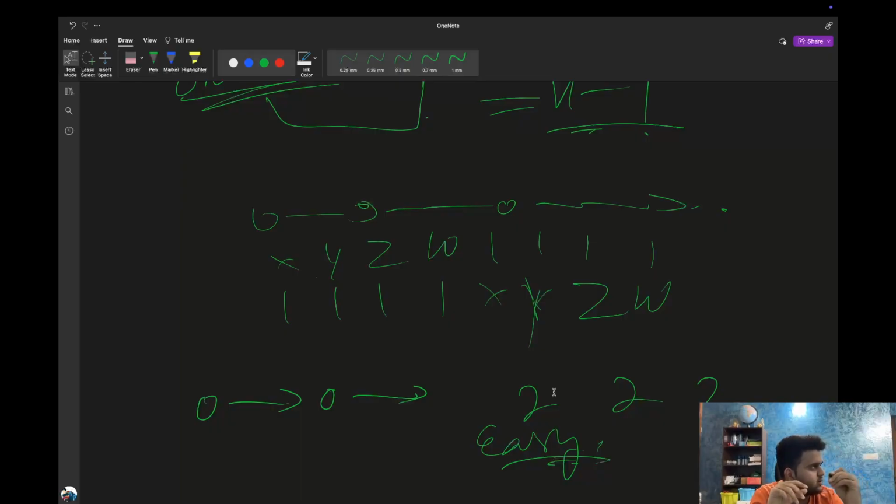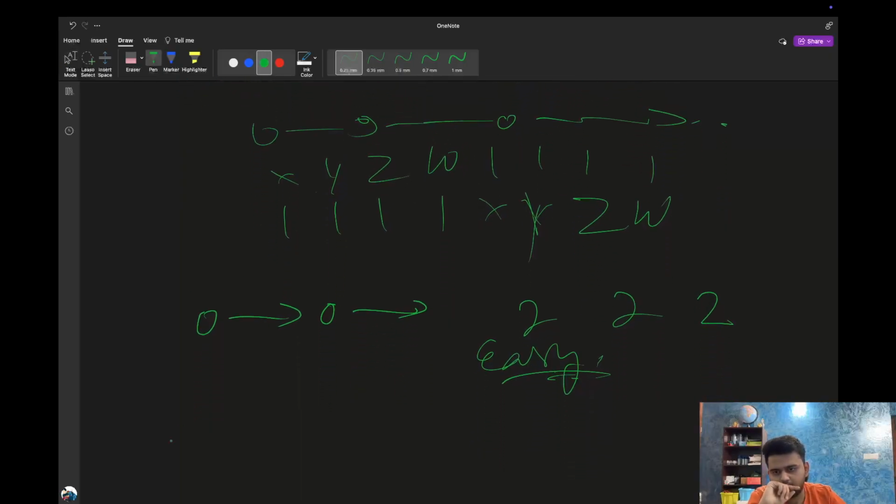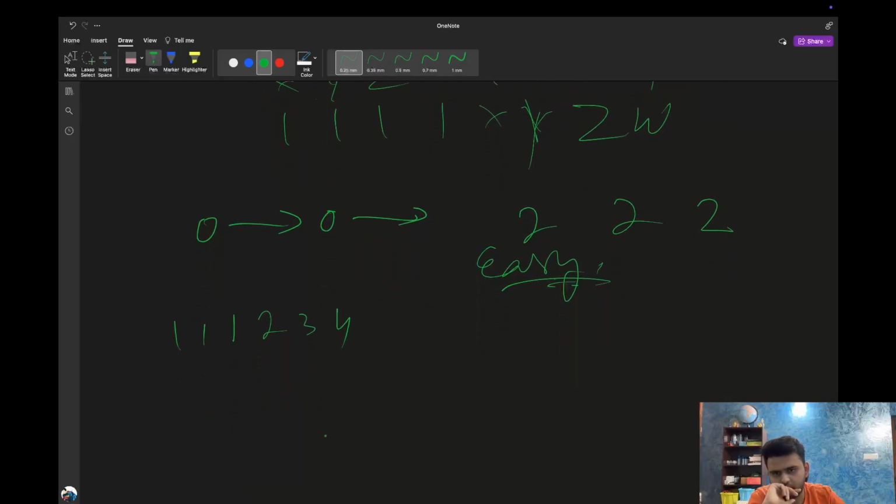Also the directional edges come from me, right? Oh, okay, 1, 1, 1, 2, 3, 4. So you have 5, 6, 7.